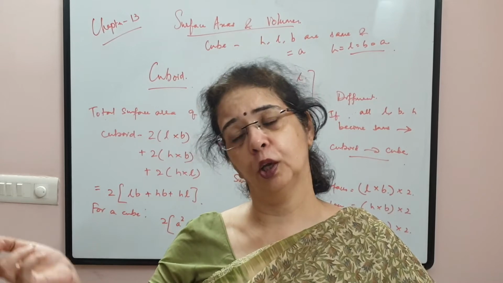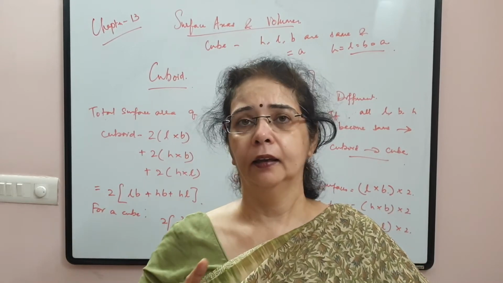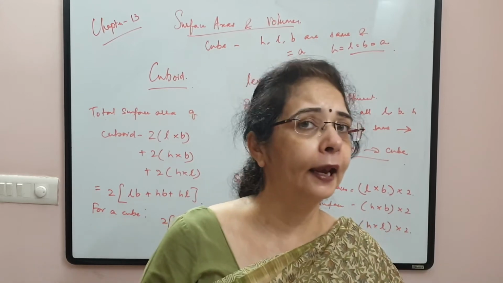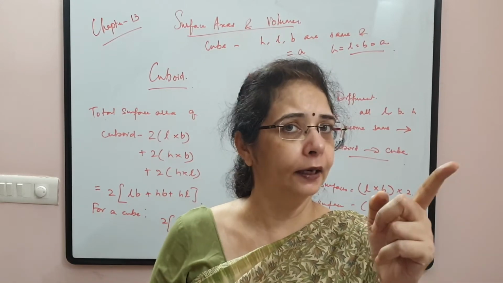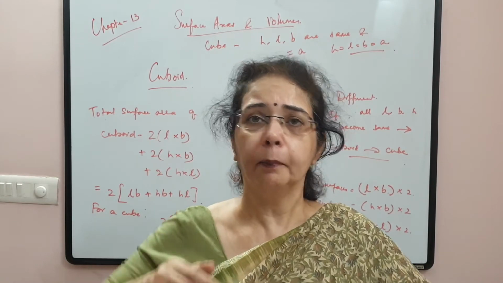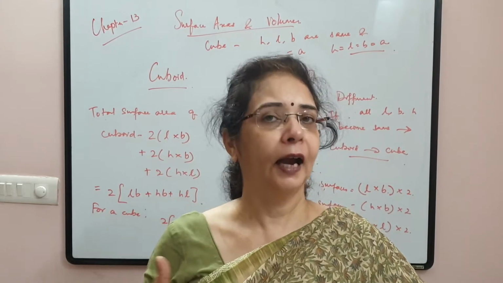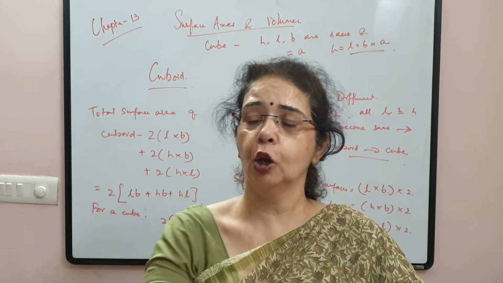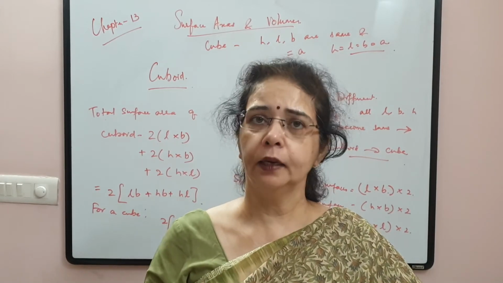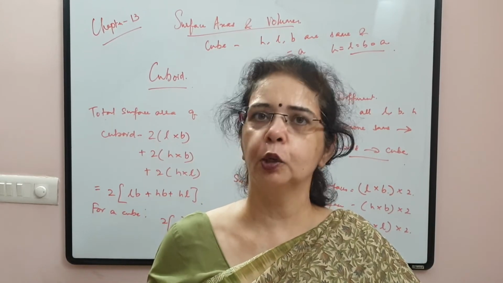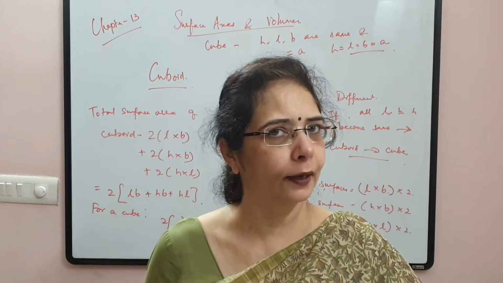And whenever you are talking of the walls, then there are 4 walls. 2 walls will have the dimension L into H, length into height, and the other 2 walls will have the dimension breadth into height. Height will be there as one of the dimensions in all the walls. The only difference between the 2 pairs of walls would be: one would be length into height, the other would be breadth into height.